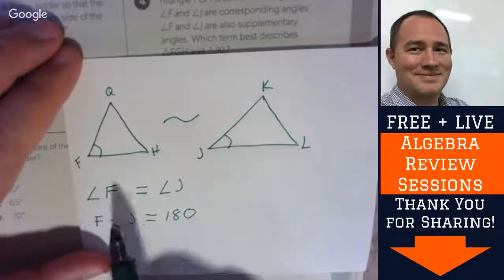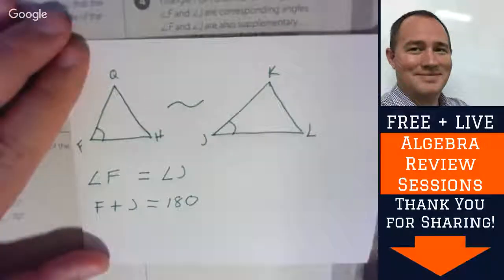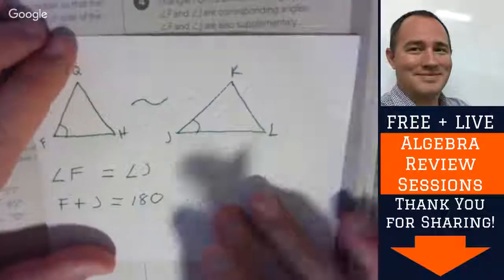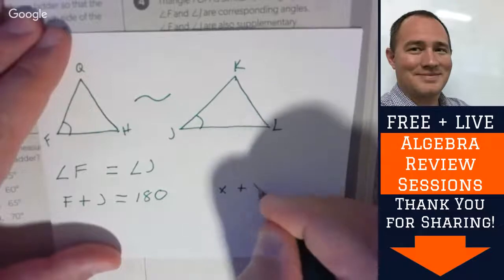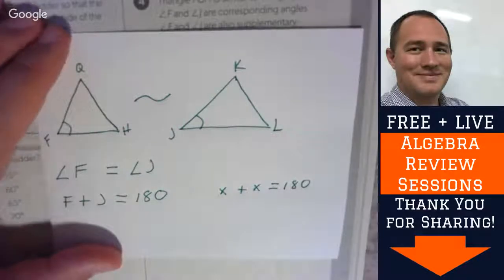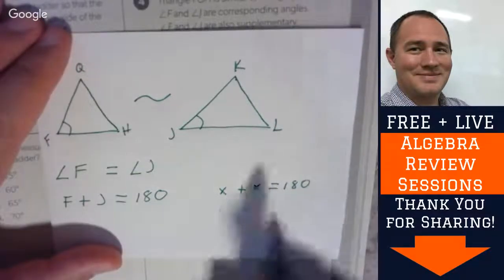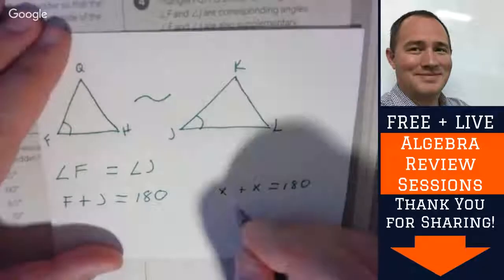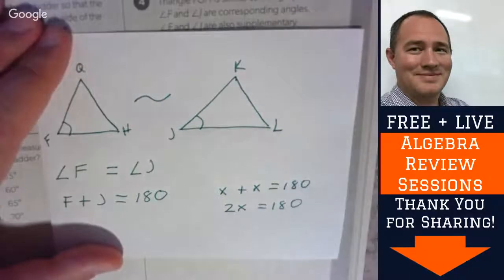Since they are both the same, I can replace those with the same variable, right? If they're the same measure, I could replace them with the same variable. Combining like terms, I'll have 2x equals 180.